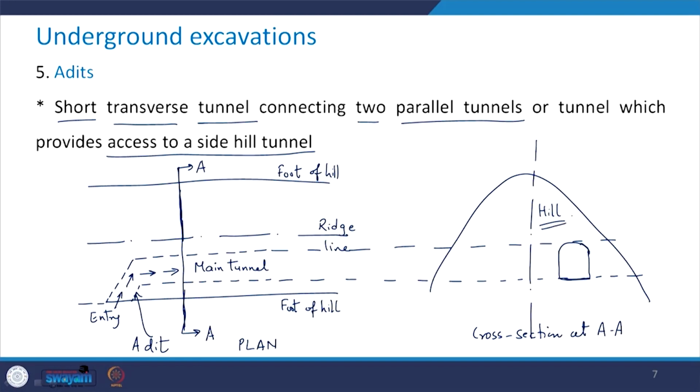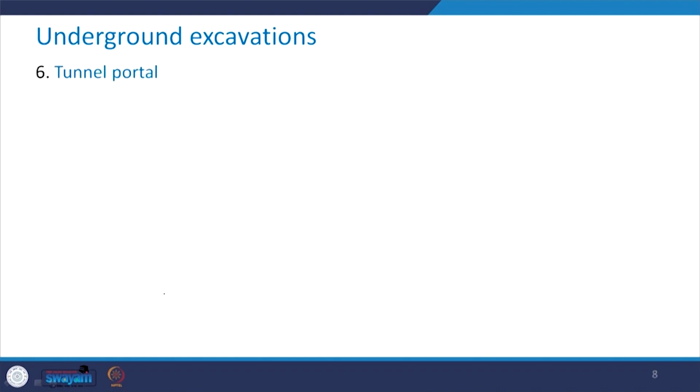So, this is the short transverse tunnel connecting either two parallel tunnels or a tunnel which provides access to the side hill tunnel. Here I have shown one example of this access to the side hill tunnel. So, this portion is what is called as the adit. The next one is the tunnel portal.